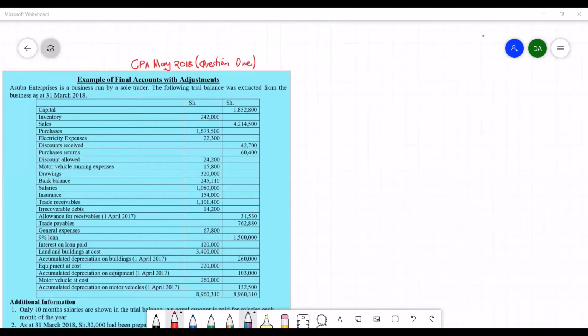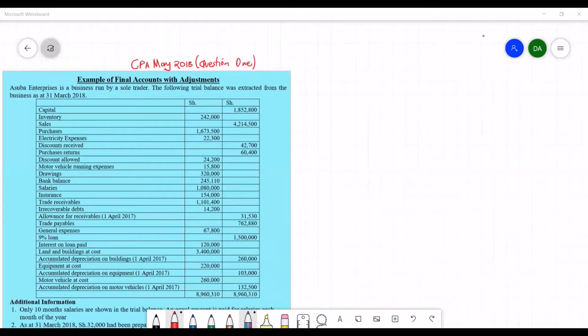The question reads as follows. Asuba Enterprises is a business run by a sole trader. The following trial balance was extracted from the business as of 31st March 2018.